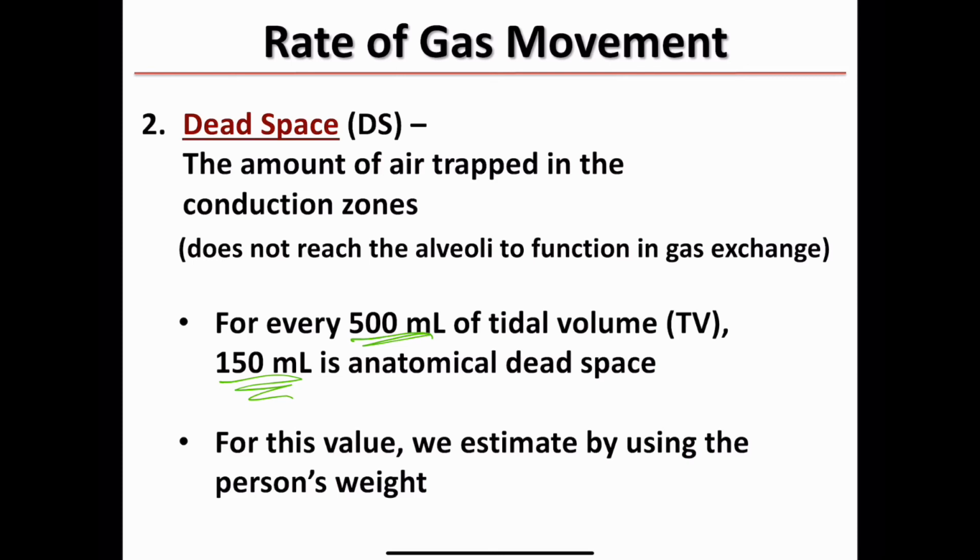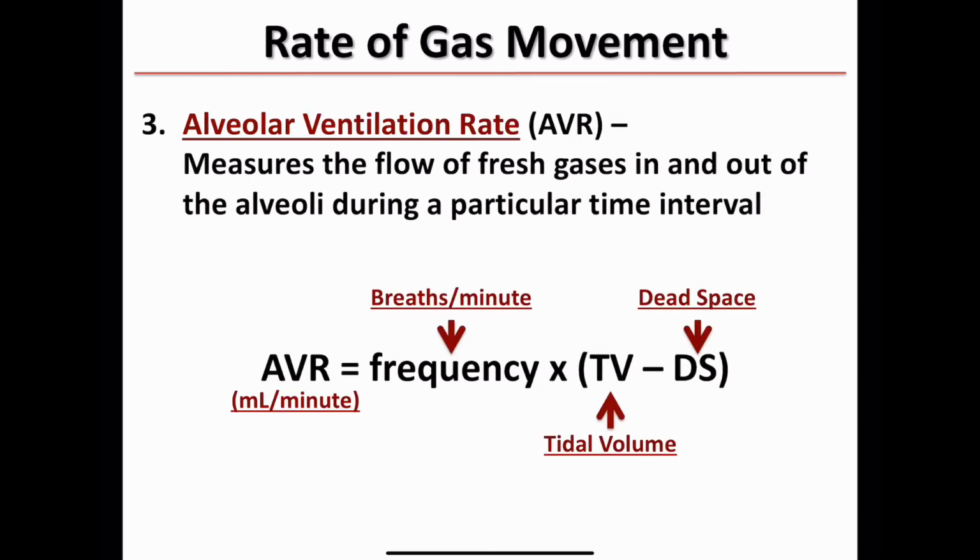So in order to figure out the amount of air that we inhale or exhale that actually comes into direct contact with the alveoli where diffusion is occurring, we just subtract the amount of air in the anatomic dead space from the tidal volume. And we use this number to then multiply times the frequency of breaths, or inhalations or exhalations, and that gives us this new, more precise term for measuring the rate of gas movement, which is known as your ARV, your alveolar ventilation rate.